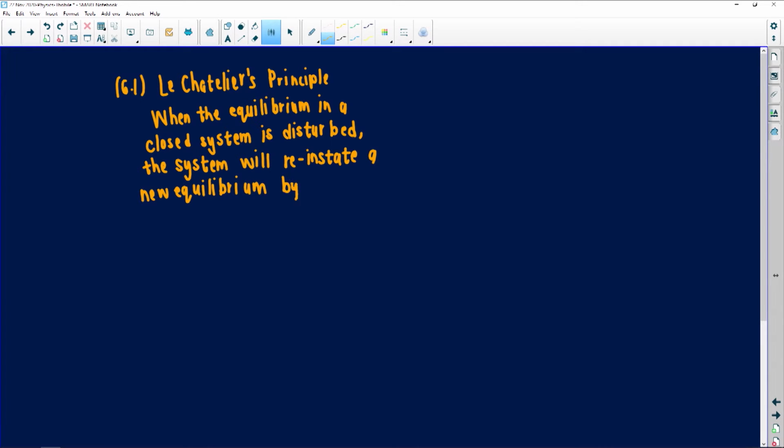It will do so by favoring the reaction, let's just spell this right, favoring the reaction that will cancel or oppose, not change, oppose the disturbance.